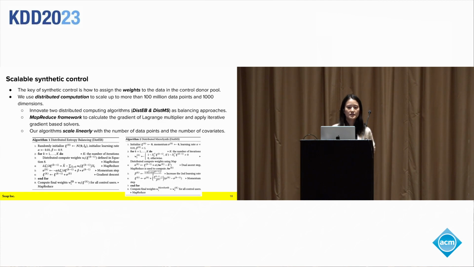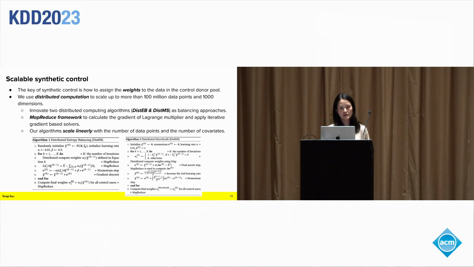So now we see that the key of synthetic control is how to assign the weights to the data in the control donor pool. In econometrics, there are two very recent and widely used approaches to do that, called entropy balancing and microsynth. Based on these two approaches, we innovate two distributed computing algorithms, one called distributed entropy balancing and the other called distributed microsynth.